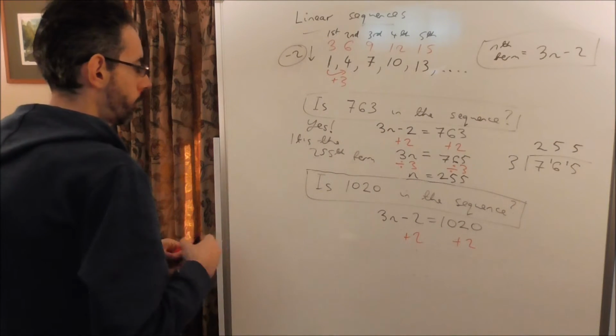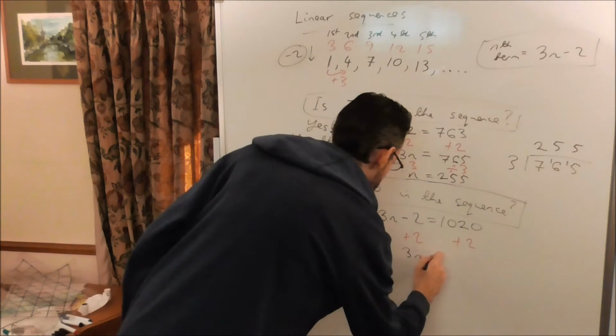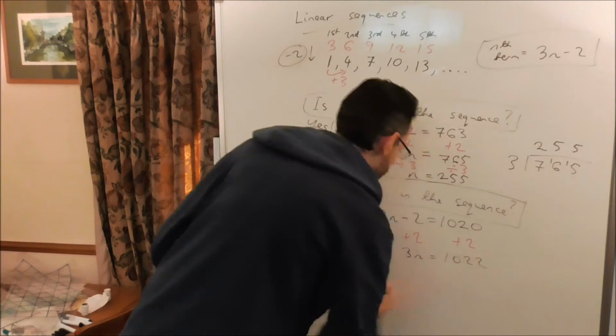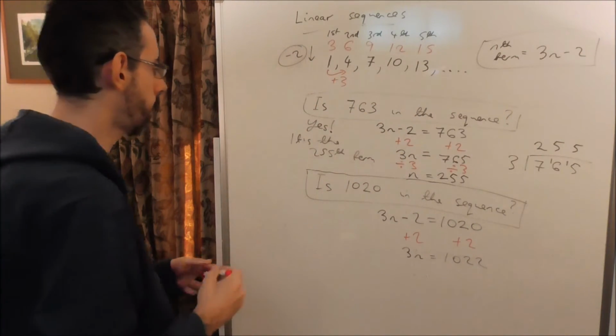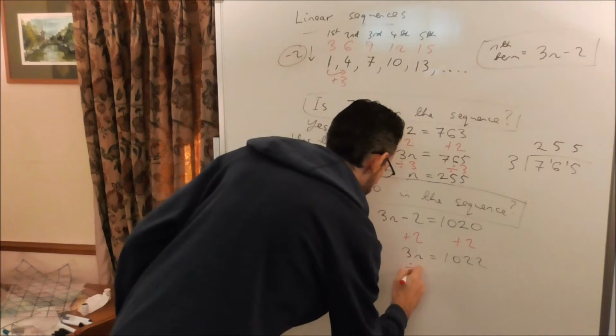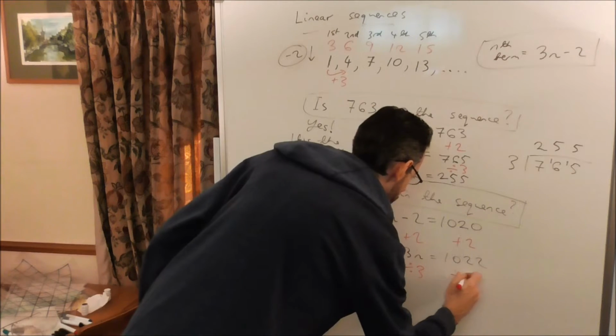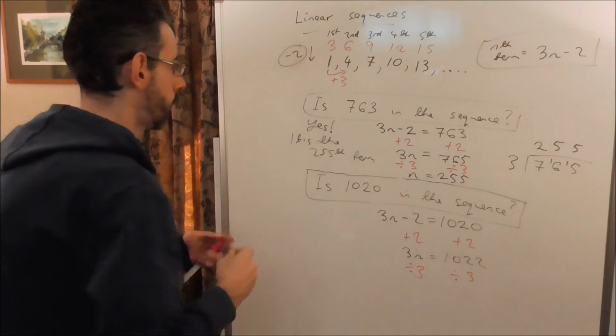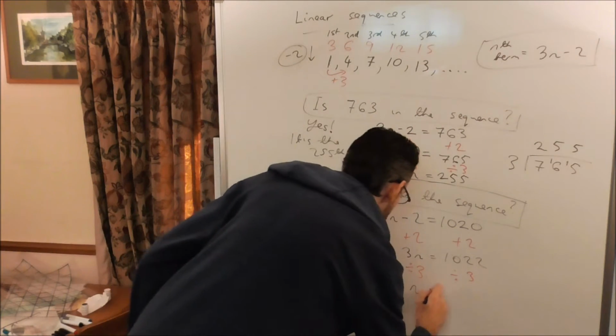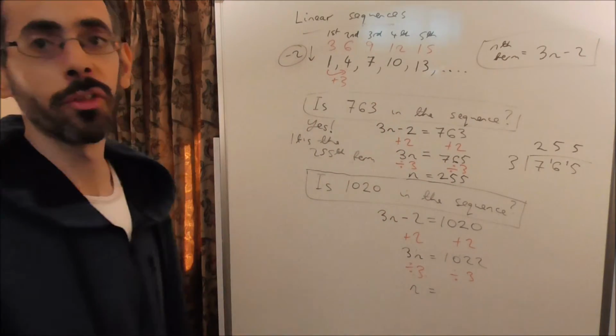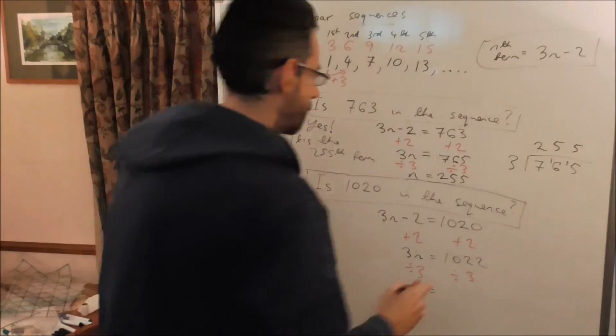So what we're left with on each side, we've got 3n here, and we've got 1022 here. And now I'm going to divide both sides by 3 to just get n on its own. Divide by 3. So on this side you end up with just n. And again, 1022 divided by 3, I don't know that, so I'll do it at the side.